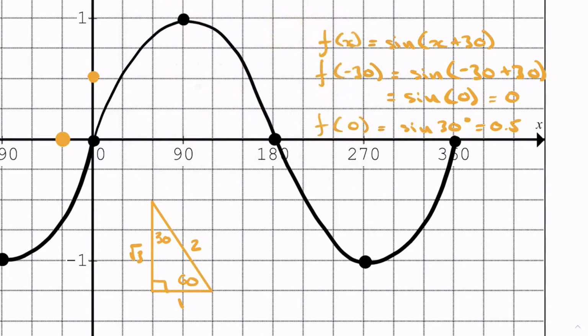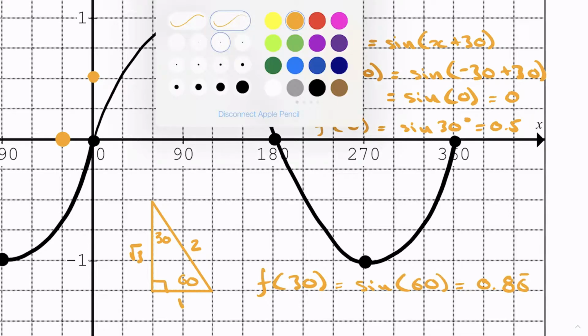Let's move on. Next, I'm going to have f of 30, which is just sine of 30 plus 30, or sine of 60, which is 0.86 repeating. Again, it's root 3 over 2, which as a decimal, that's what it is.